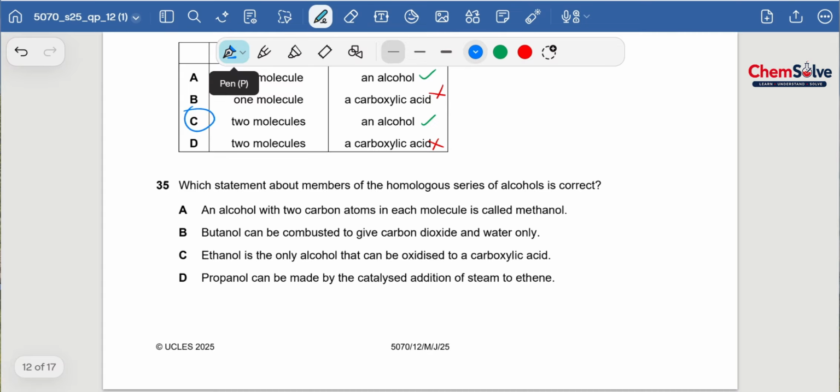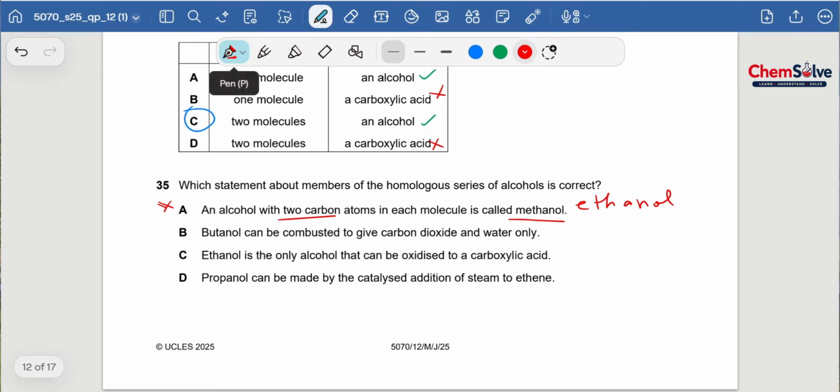Now 35, which statement about the members of the homologous series of alcohols is correct? Okay. An alcohol with two carbon atoms in each molecule is called methanol. No. If there are two carbons, it would be ethanol. So this statement is incorrect. Butanol can be combusted to give carbon dioxide and water only.